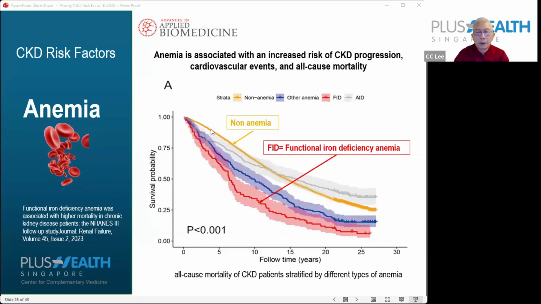If you are a CKD patient not suffering from anemia, your survival probability over the years is the yellow line here, compared with the red line. The red line indicates a CKD patient who is suffering from anemia. So you can see that the survival probability is much lower over the years as the disease progresses.